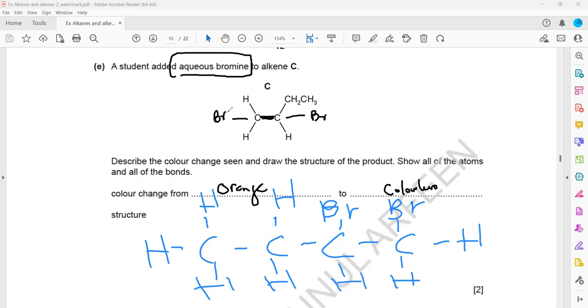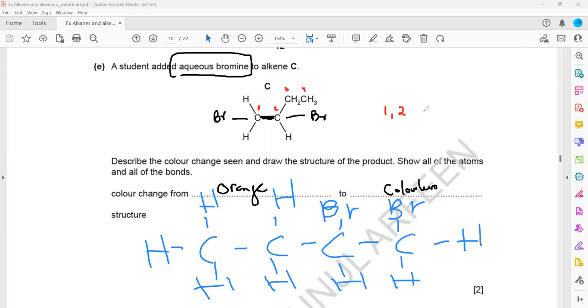This will be 1,2-dibromobutane, because there are 4 carbons. I accidentally said ethene. So the first and second positions have bromine: the first carbon has a bromine, and the second carbon has a bromine.